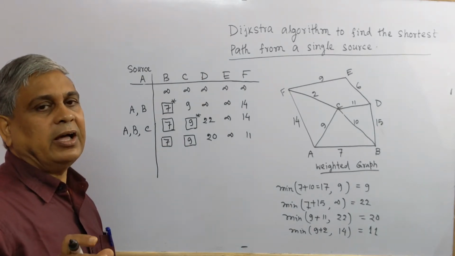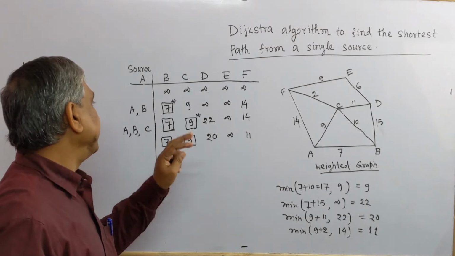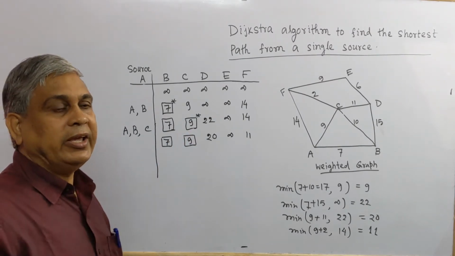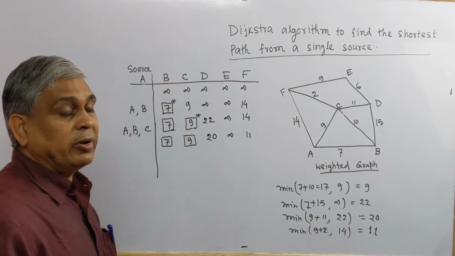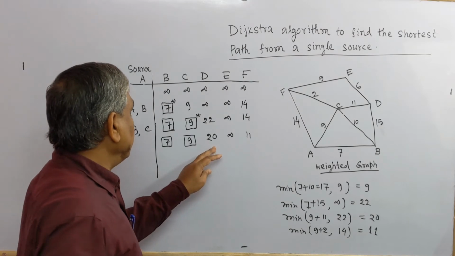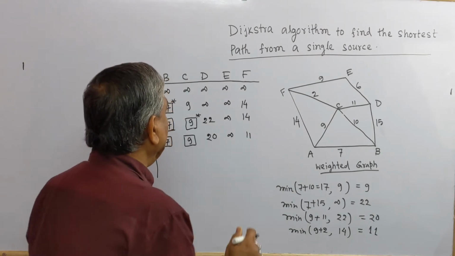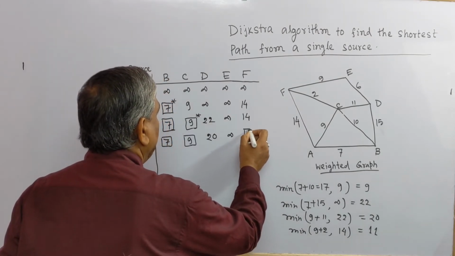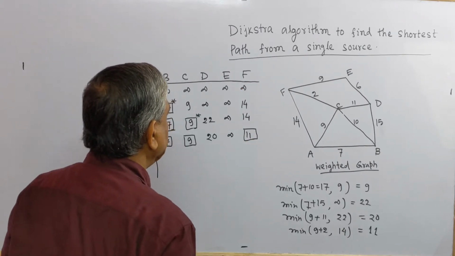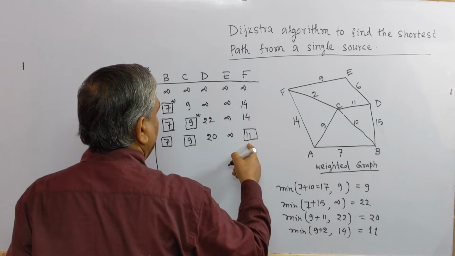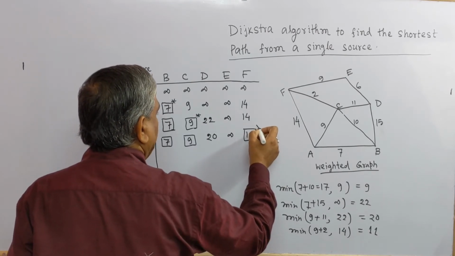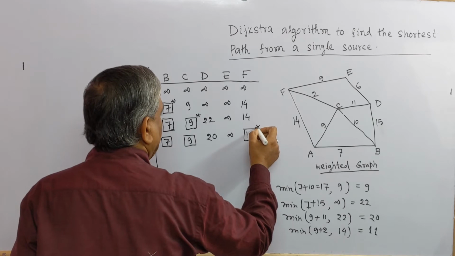These vertices are called stable vertices because the shortest distance from A to these vertices has already been calculated. Now the smallest number is 11. This is for vertex F. We select this and enclose this in a square, and we write here a star.